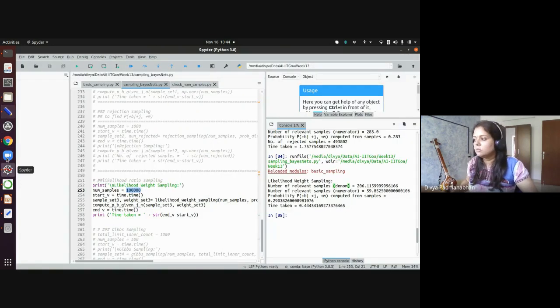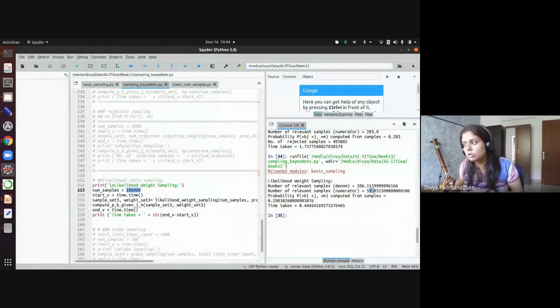That number is like 206. So it's as though only 206 of these samples really mattered, because remember the maximum value of these weights is 1. So at max 206 were important, and out of that 59 matched with the plus b part. This gave a value of 0.29.